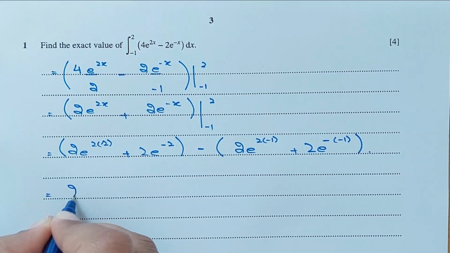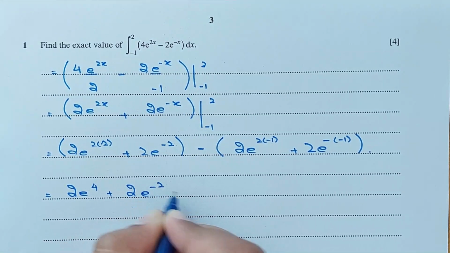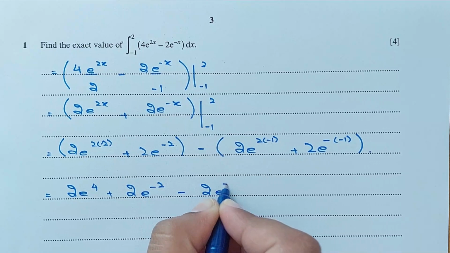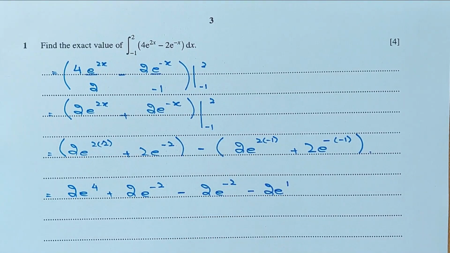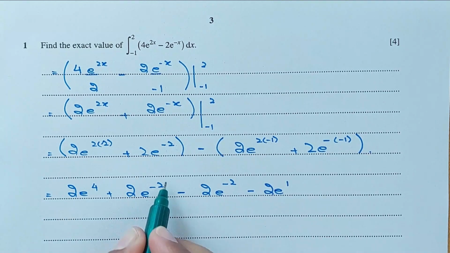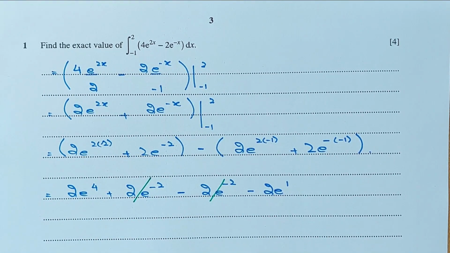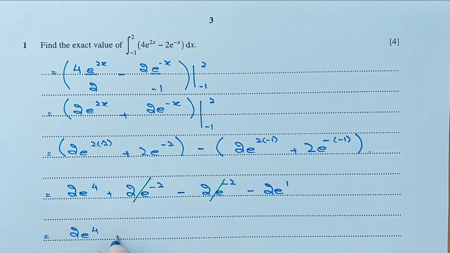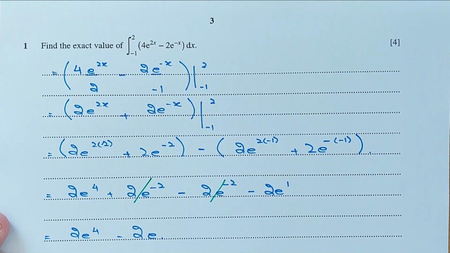So this would be 2e^4 plus 2e^(-2) minus 2e^(-2) minus 2e^1. The 2e^(-2) terms have a positive and negative sign, so they cancel. We are left with 2e^4 minus 2e, and that is the exact value of this integral.